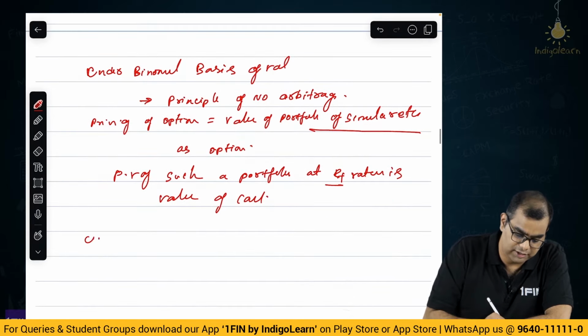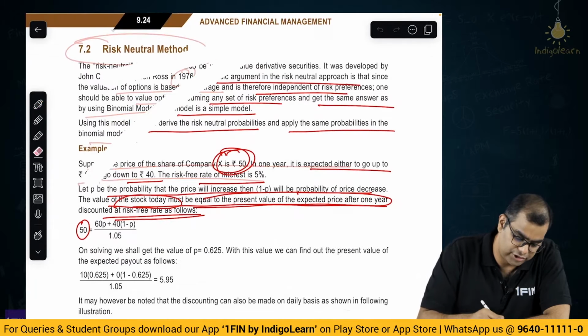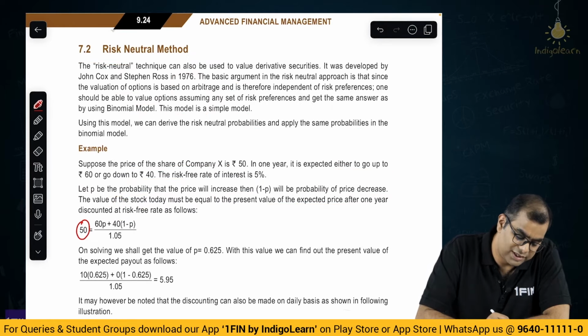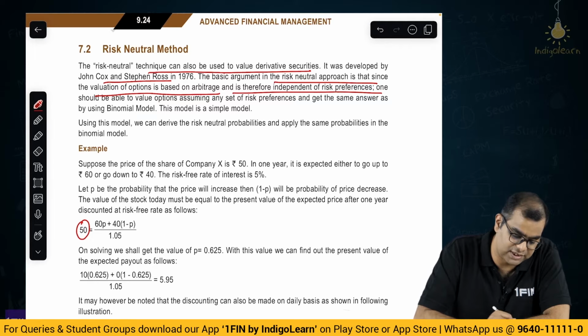Now, under risk neutral, what is the basis? Okay, I will clean this up and I will again show it to you. The risk neutral technique can be used to value derivatives. It was developed by so and so. The basic argument in risk neutral is that since valuation is based on arbitrage and is therefore independent of risk preferences, one should be able to value options assuming any set of risk preferences and get the same answer as binomial model.